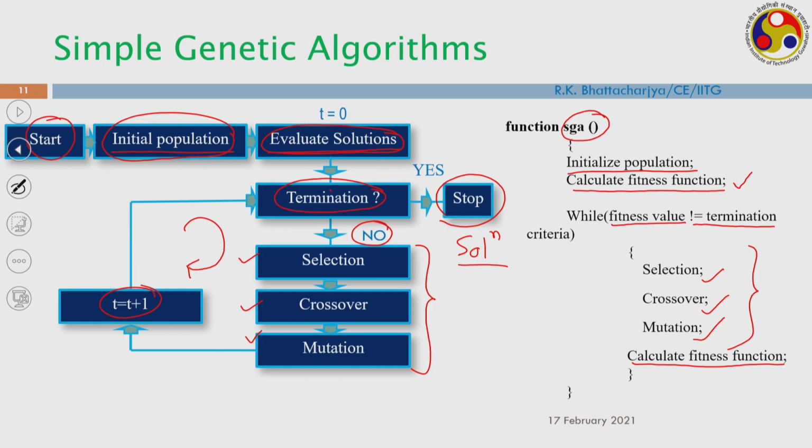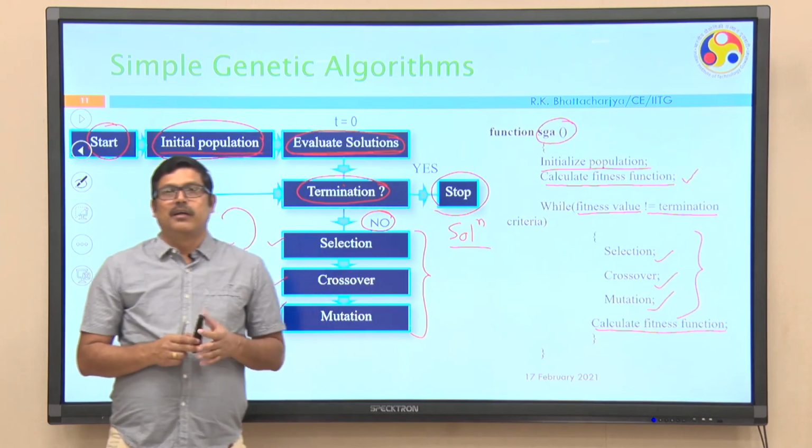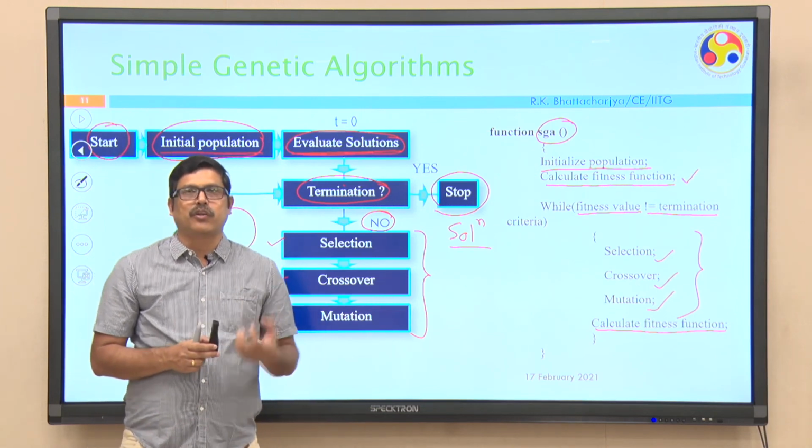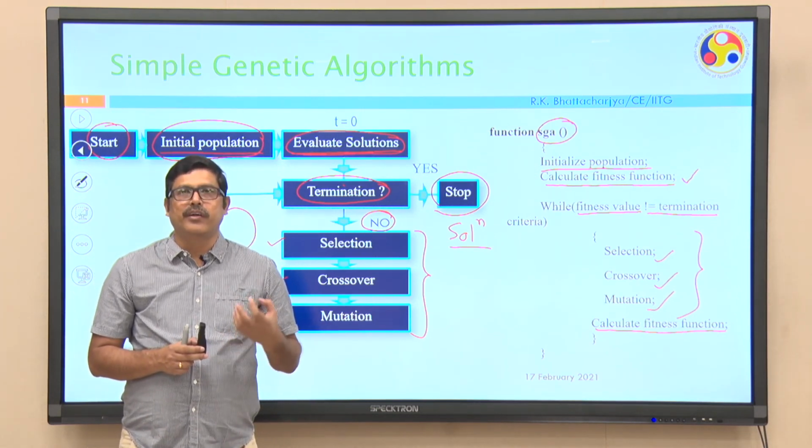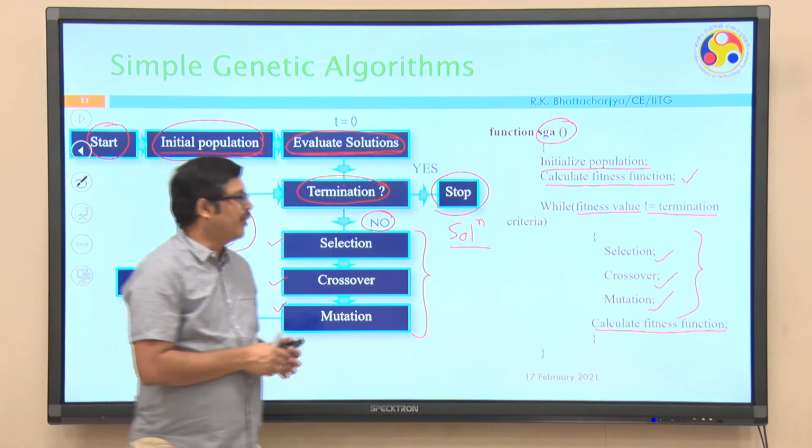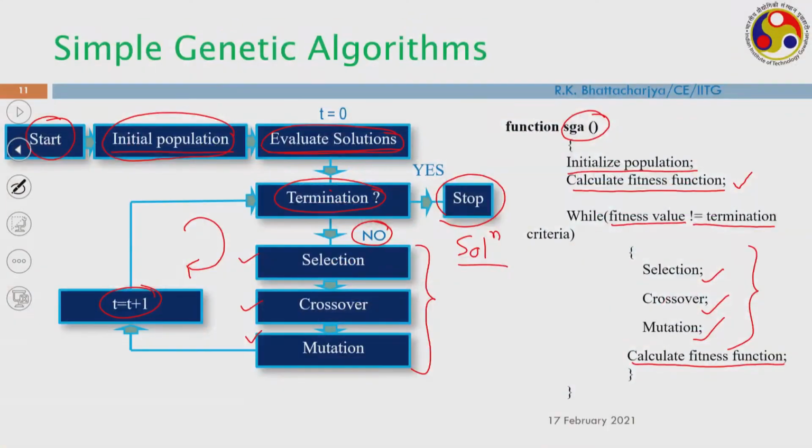So, this is the pseudocode. The algorithm is not very difficult; the concept is very simple, but it is one of the powerful algorithms for solving nonlinear, non-convex problems. Basically, you are going through selection, crossover, and mutation operators.